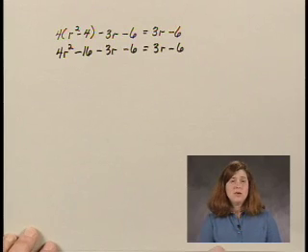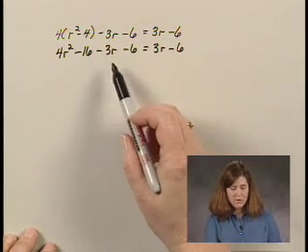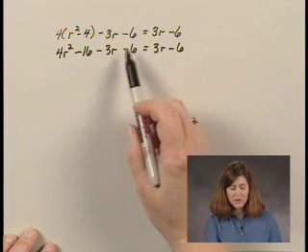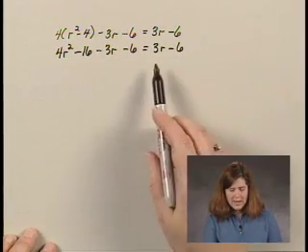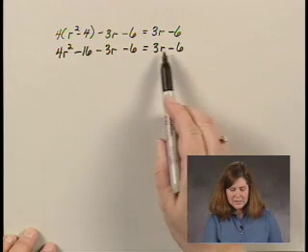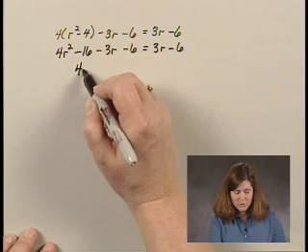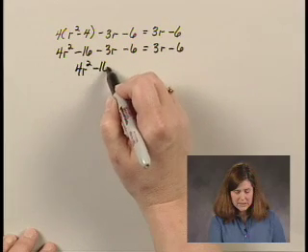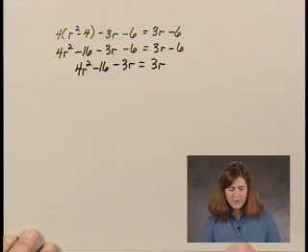I have a quadratic equation, so I'm going to collect all the terms on the left side of the equation to get a 0 on the right side. First of all, I notice I have minus 6 and minus 6, so I'm going to add 6 to both sides. That gives me 4R squared minus 16 minus 3R equals 3R.